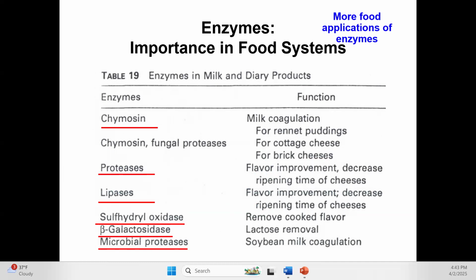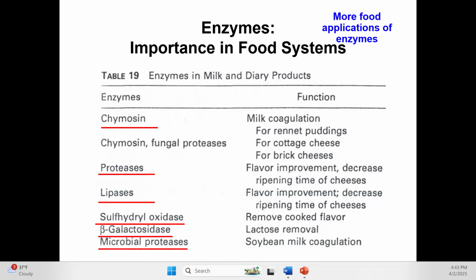In milk: chymosin for cheese making, proteases for flavor, lipases for flavor, sulfhydryl oxidase to remove cooked flavor, galactosidases is the lactase, and microbial protease. For some reason, this table has milk, soy milk, and it says here milk and dairy product.